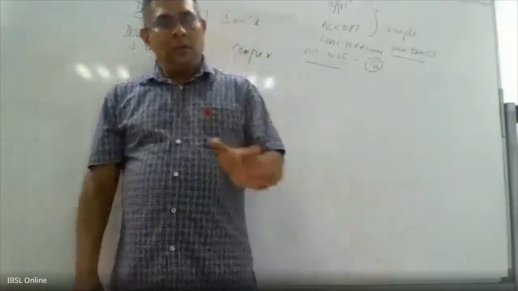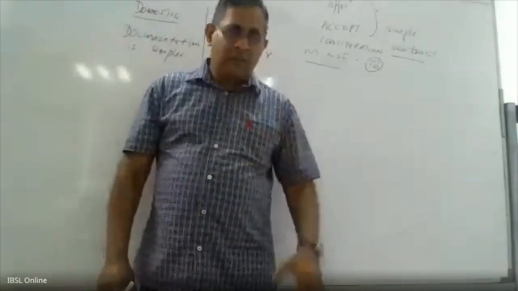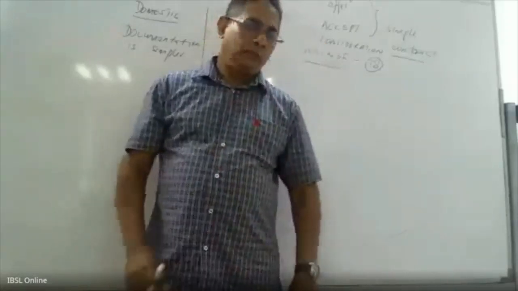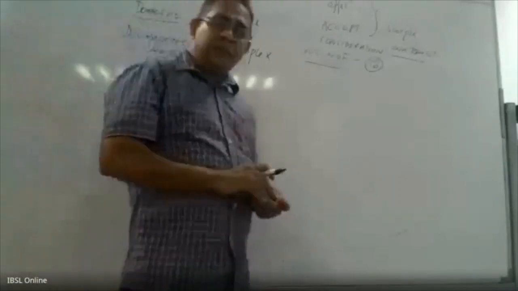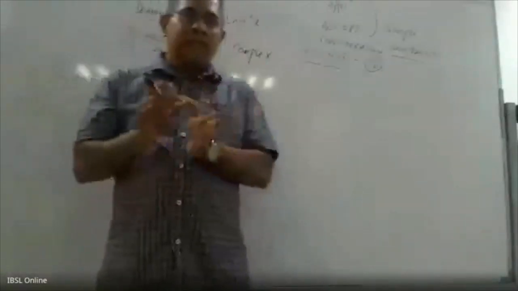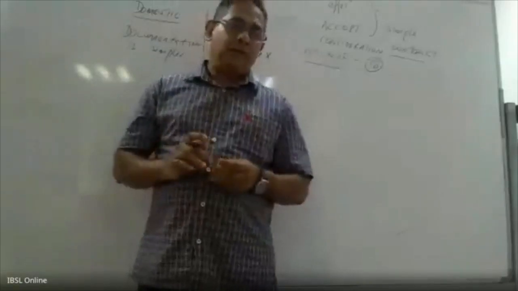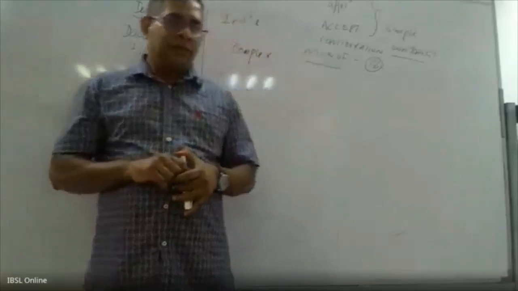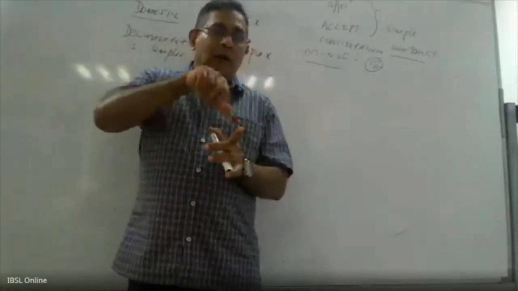When you go deeper, you will term these two in different names, but finally it is the buyer and the seller, right? So in the case of domestic trade, both buyer and seller domicile in the same country.